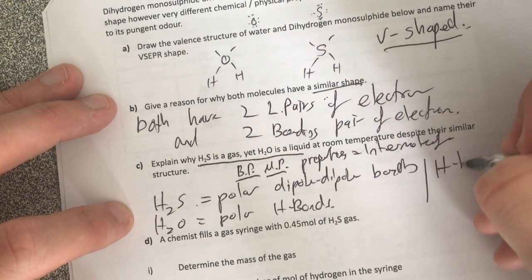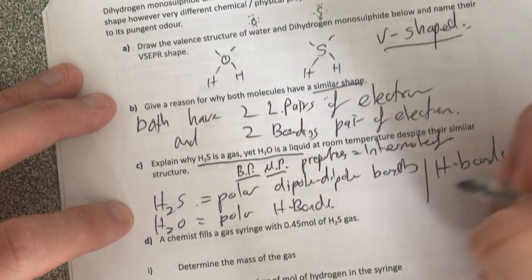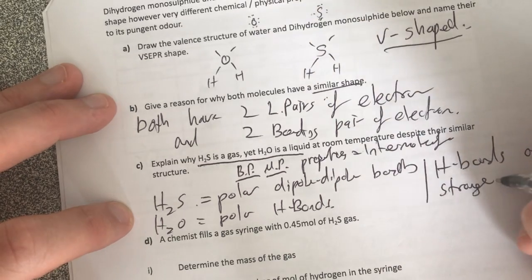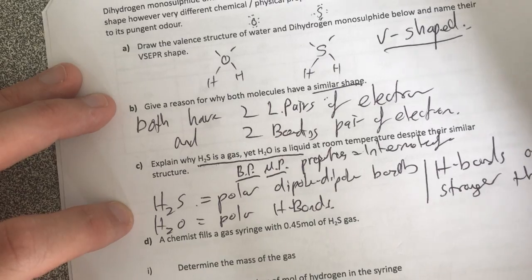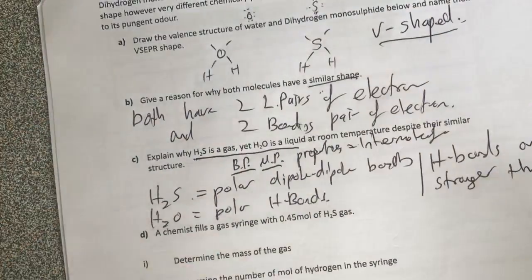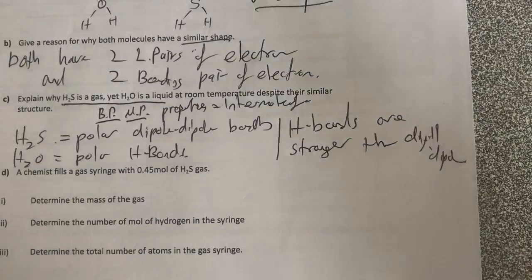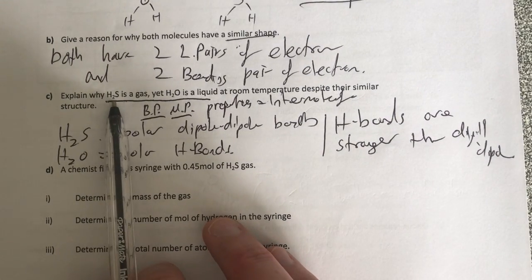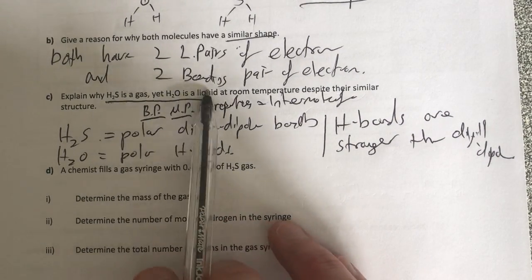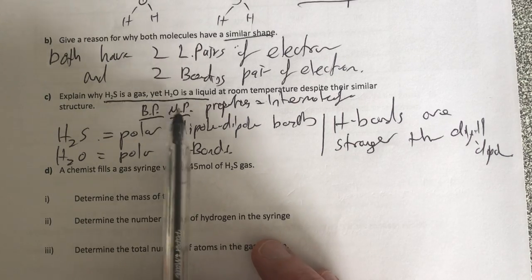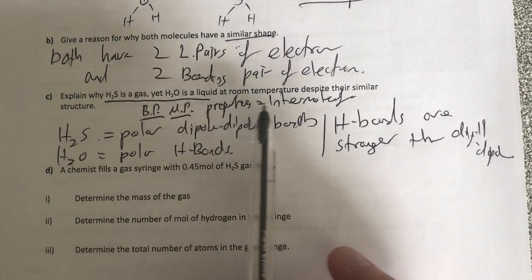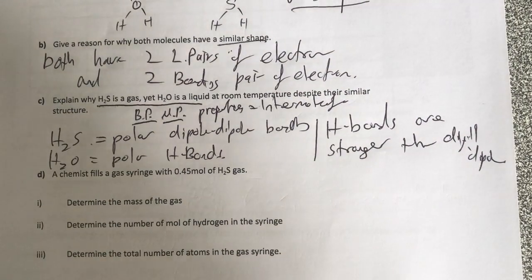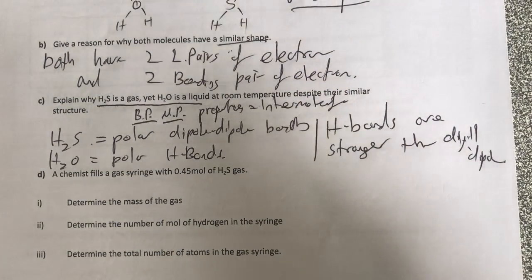And H bonds are stronger than dipole. Main thing is whenever you see things talking about states, it's to do with melting and boiling points. Their properties come from the intermolecular forces that these molecules actually have.